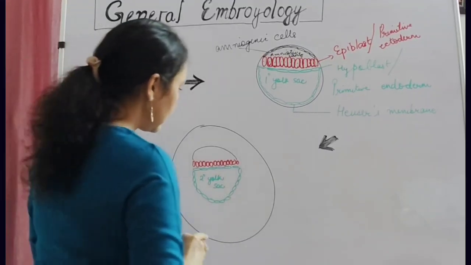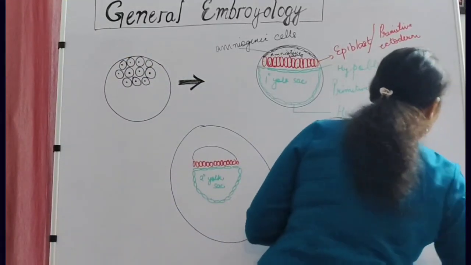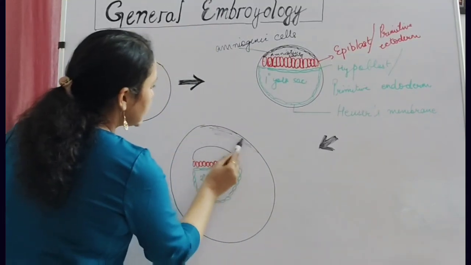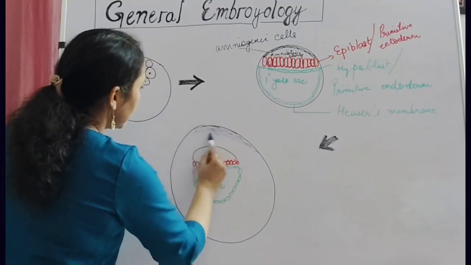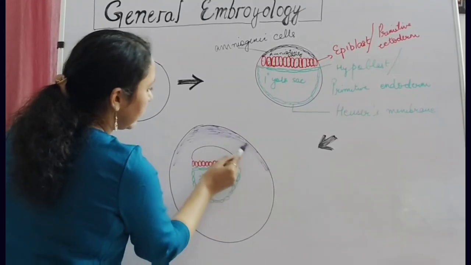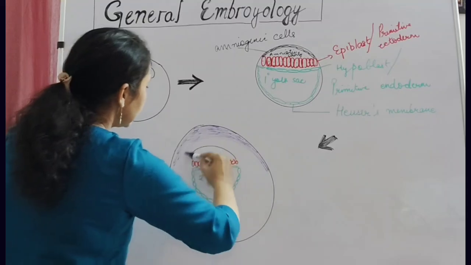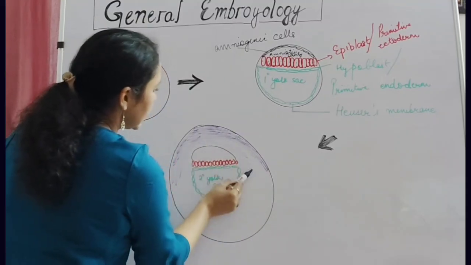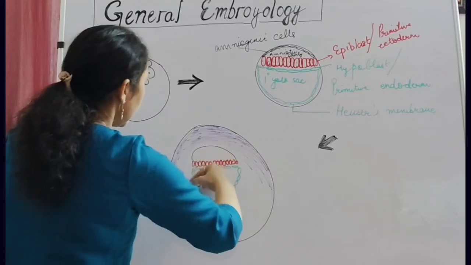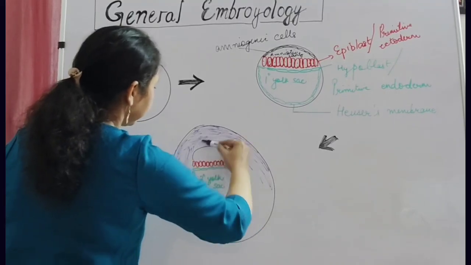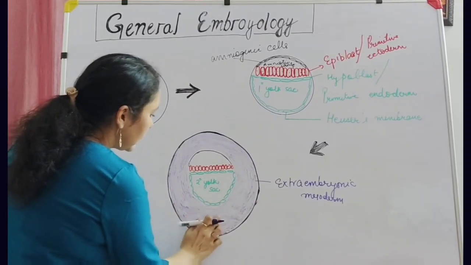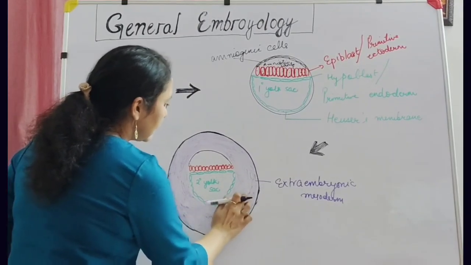Now the cells of the trophoblast will multiply and form a mesoderm here. In all this space, the cells will occupy this space, and this complete space will be known as extraembryonic mesoderm. Now what will happen? Small cavities will appear in this extraembryonic mesoderm, right?